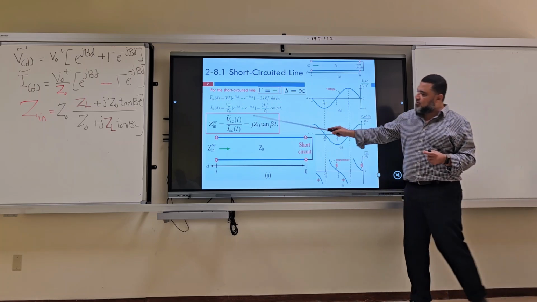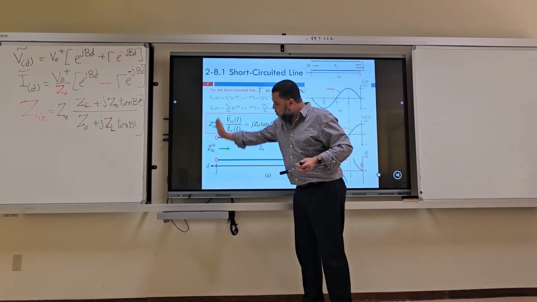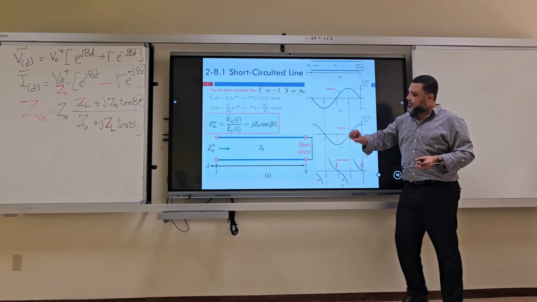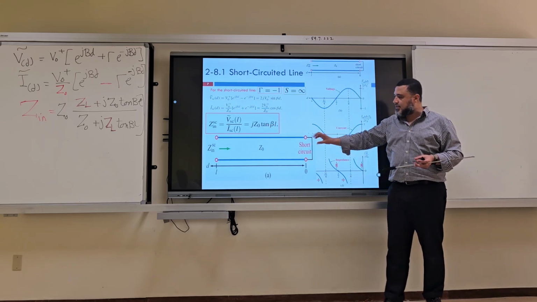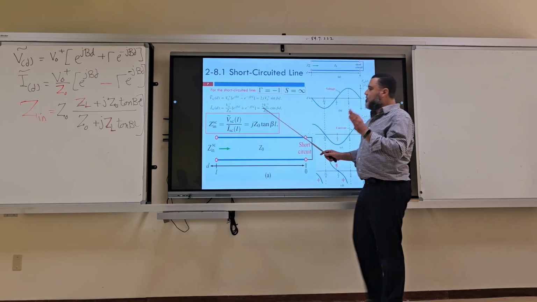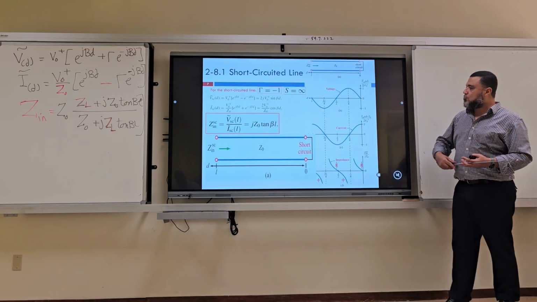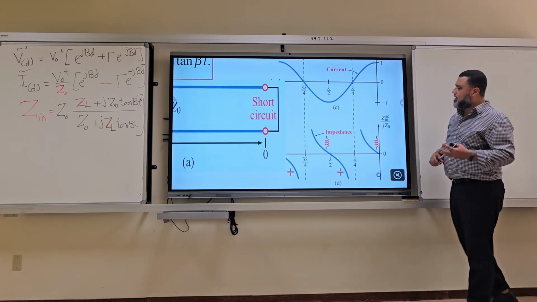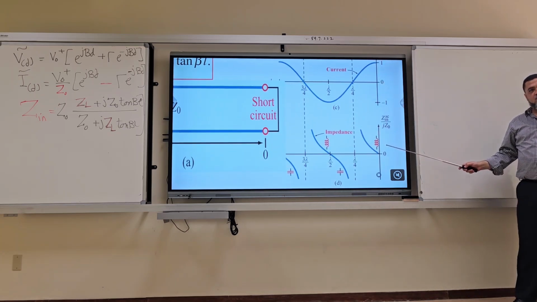What about the impedance? What about the input impedance? We're interested in the input impedance because we can get rid of the whole thing, remove the transmission line and the load, and just use the input impedance with the generator. The input impedance is jZ0 tan(βL). If you take the tan function and draw it, how does it look? This is the tan(βL) function.